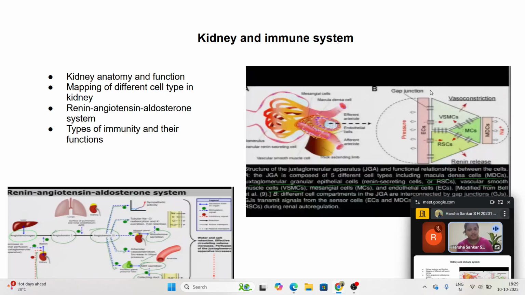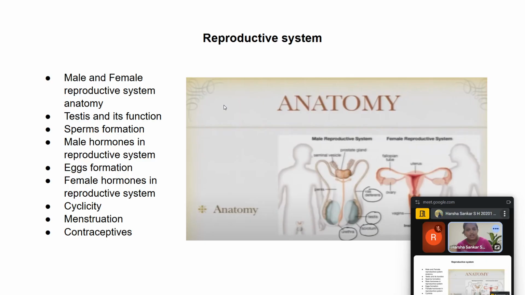And if you look at the final fifth lecture of the 12th week, the last week of the session, it was mainly about the reproductive system.